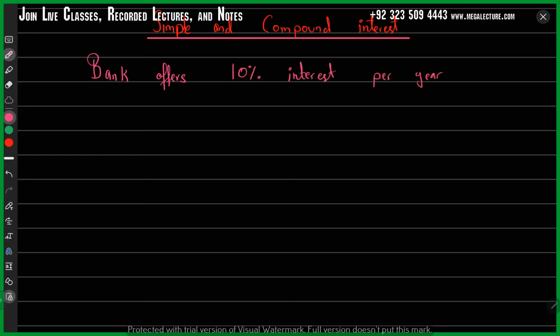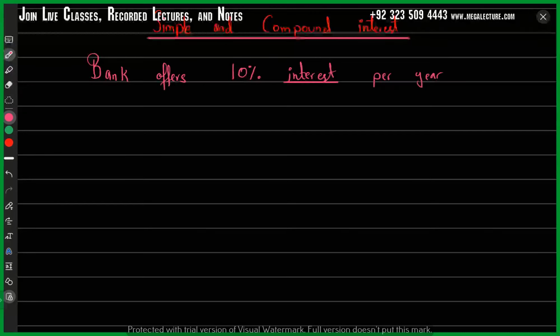This simply says the bank offers 10% interest per year. What is interest? I've just told you. Interest is that extra amount that the bank gives you in return when you deposit some amount. Every bank does not offer interest. There are some specific banks, and it's your choice if you want interest or not.